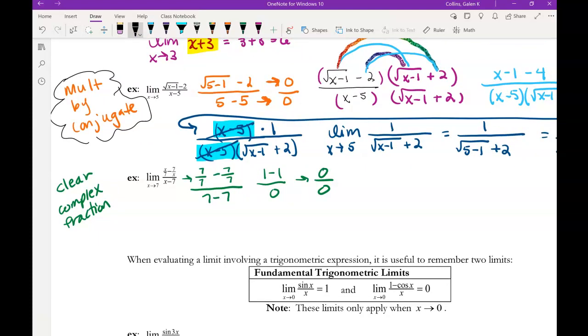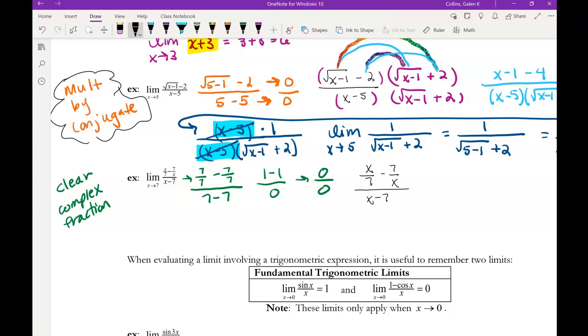So if I have x divided by 7 minus 7 divided by x in my numerator, and again, this is all over x minus 7, what I want to think about is what could I multiply by that will clear that entire numerator?